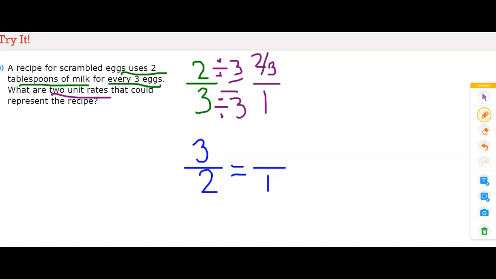And so we divide 2 by 2 to get 1, and we do the same thing to the top. And again, using your calculator, 3 divided by 2 would be 1 5/10 eggs. So now we have shown the 2 unit rates that could represent the same recipe.